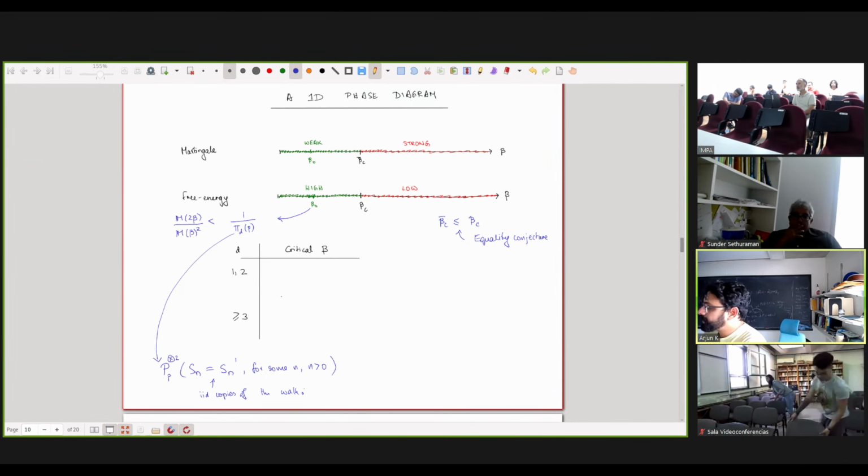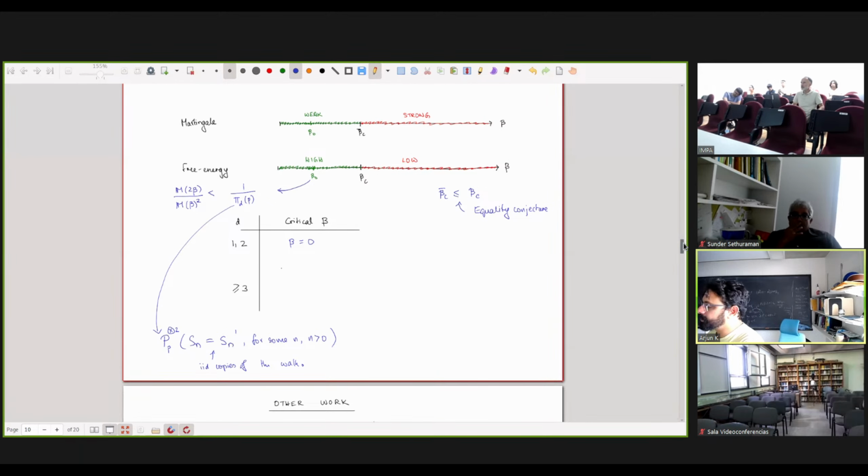So more is known in d equals 1 and 2, where beta c is 0. This is due to Carmona and then generalized by Comets, Shiga, and Yoshida. And for d bigger than or equal to 3, we know that beta c is strictly bigger than 0.